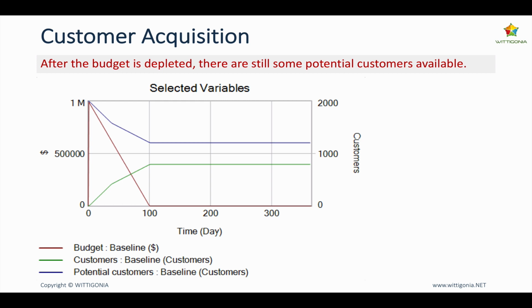And then when we take a look at the customer acquisition, something interesting can be seen. First of all, we are winning a certain amount of customers, shown here on this scale. But also when the budget is depleted, there is still a fairly large portion of the market available. I don't know, maybe some 600 or something like that, or 1600.